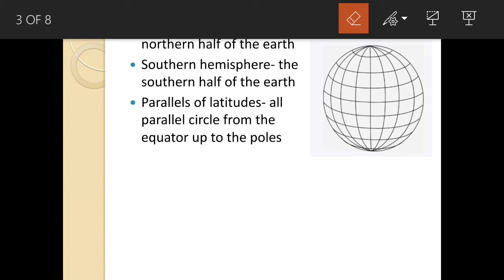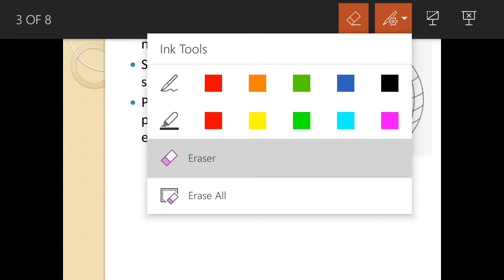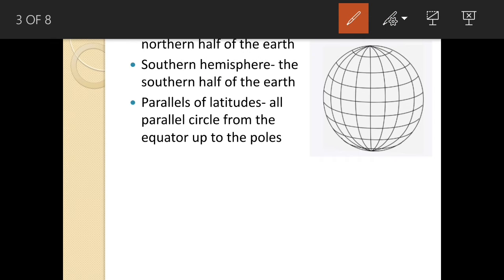Next is the parallels of latitudes. All parallel circles from the equator up to the poles are known as parallels of latitudes. Here you can see these lines.